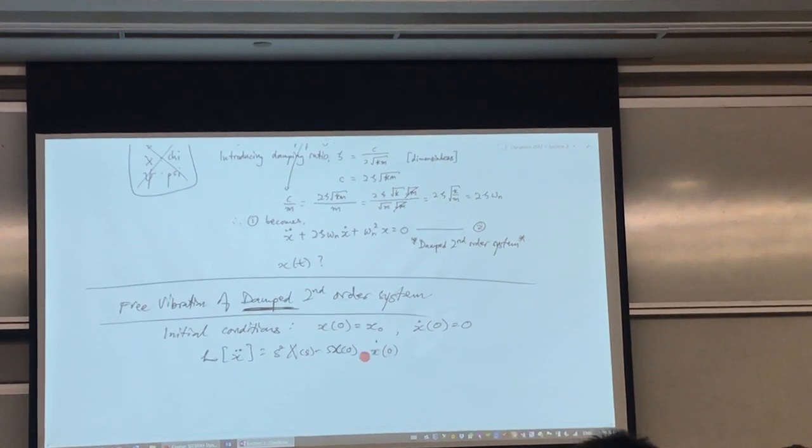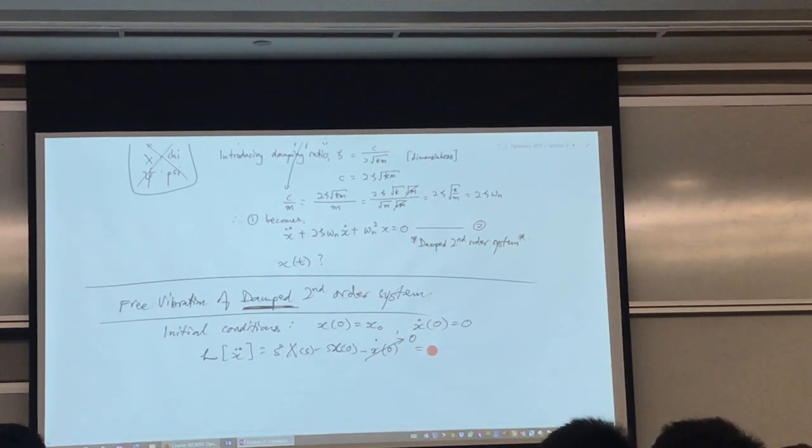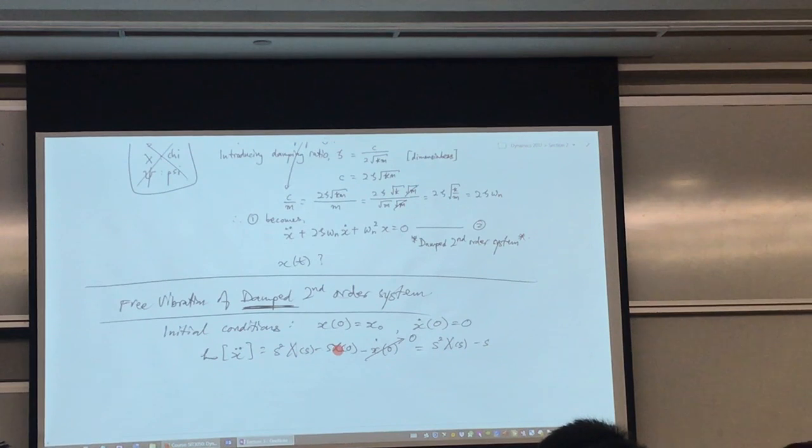This last term is about our initial condition and is equal to 0, so I can simplify it: s squared X(s) minus s x naught, substituting my initial conditions.